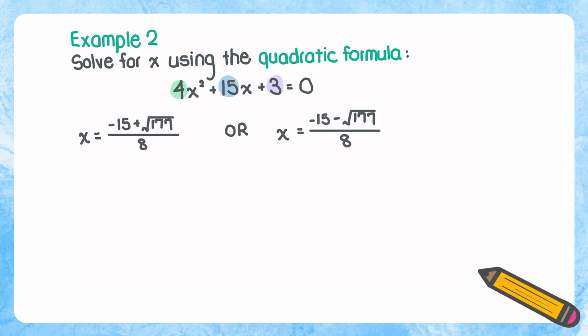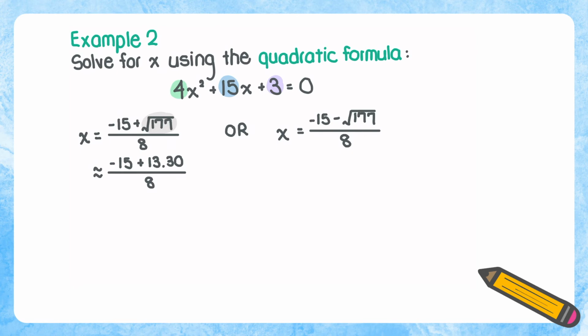And what you can do here is either use the calculator for the entire problem, but in that case, I just want you guys to be careful of how you type it into the calculator, or we'll just take it step by step and kind of round as we go. The square root of 177 isn't exact, so I have to round. It's approximately negative 15 plus 13.30 over 8.